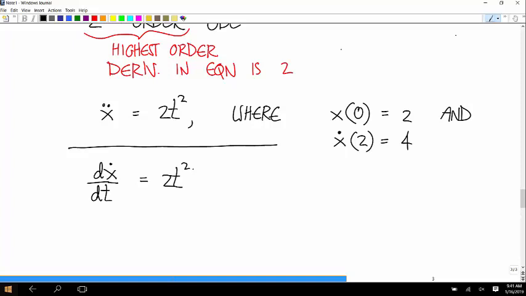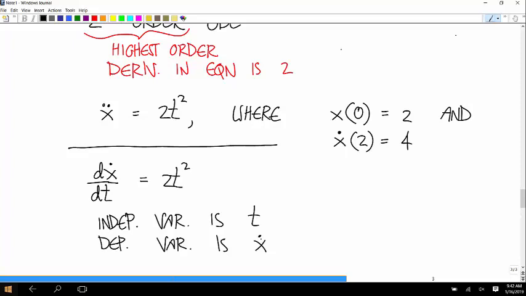Now my variables for this step are, the independent variable is t, the dependent variable is x dot. We have this written in the form that we need for separation of variables.